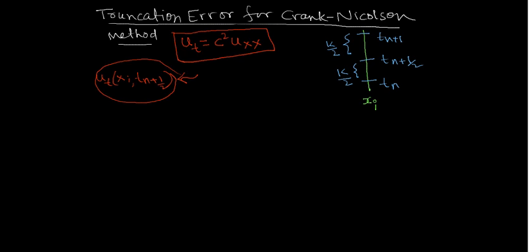For this, we will write the Taylor's expansion of u around the point T_n plus half. We will first move to the point T_n plus 1 and then to the point T_n, and using these two we will find u_t at x_i and T_n plus half.